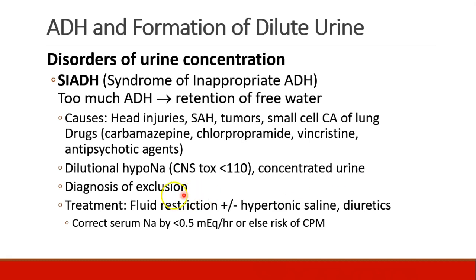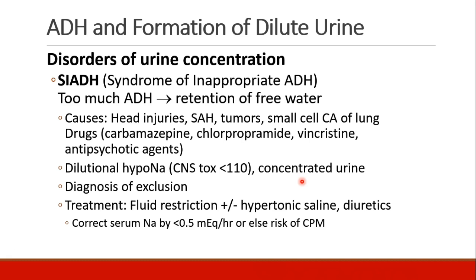And they'll especially have toxicity of the central nervous system at a sodium below 110. Their urine will be very concentrated, and often this is a diagnosis of exclusion. Once you look at other causes of hyponatremia, then you may arrive at the conclusion that the patient actually has SIADH.